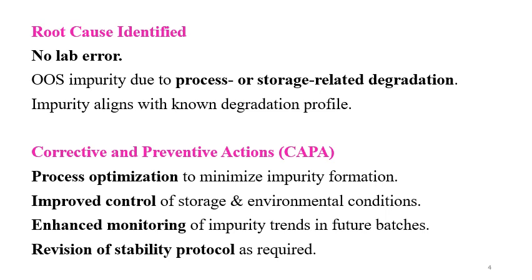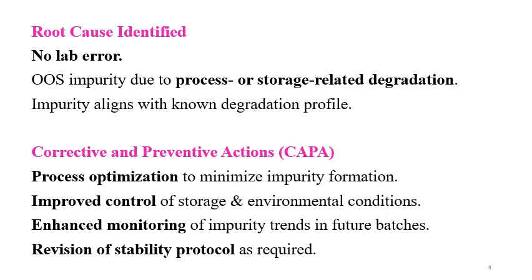Then go for the corrective and preventive action, because once you find the root cause, you need to correct it and prevent it. So corrective and preventive actions, that is CAPA. First point is process optimization to minimize the impurity formation, improved control of storage and environmental conditions, enhanced monitoring of impurity trends in the future batches, and revision of the stability protocol as required.